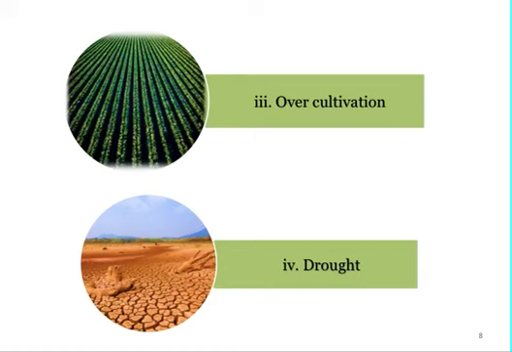So overcultivation should always be avoided. Inappropriate land use such as monocultures and unsustainable land management practices such as deforestation, agricultural practices and overexploitation of the water resources can cause the land degradation that can be further aggravated by conditions of drought.